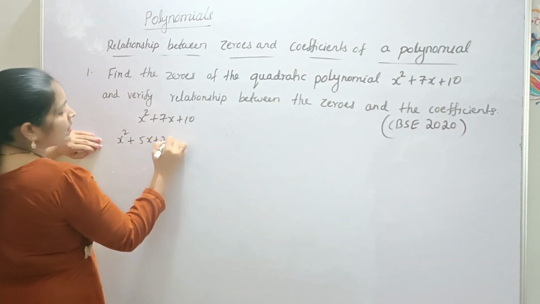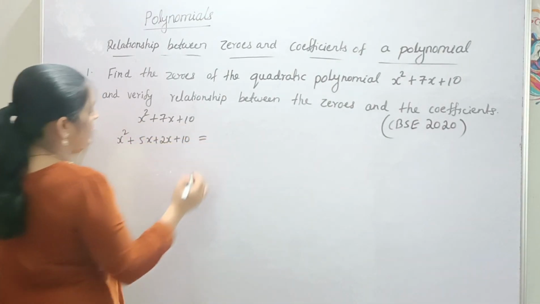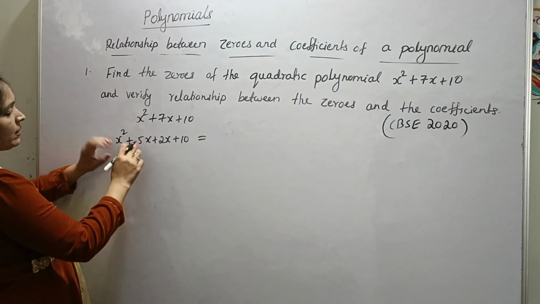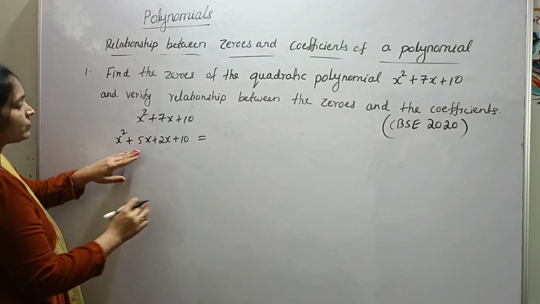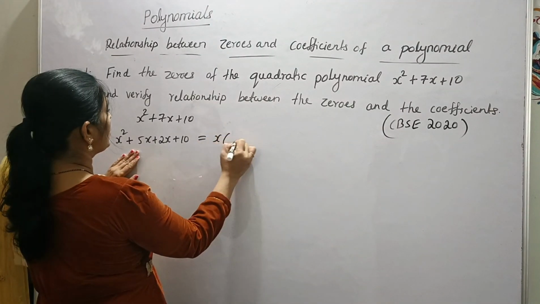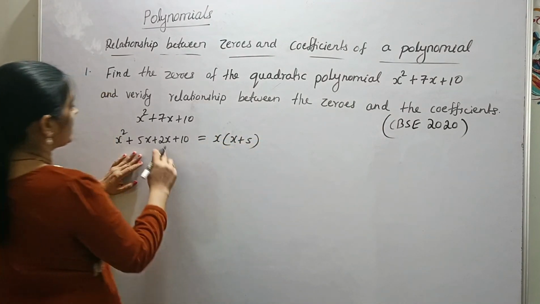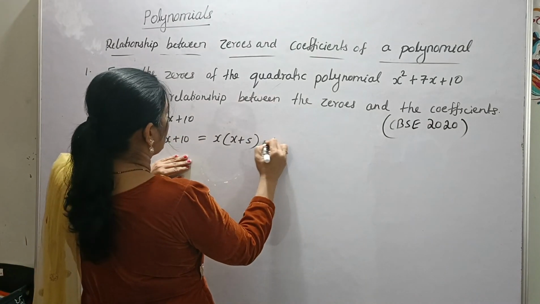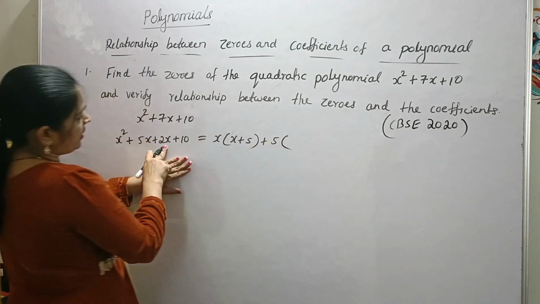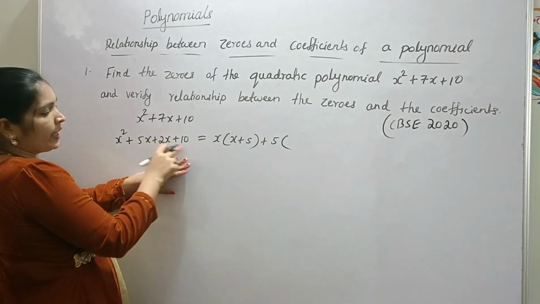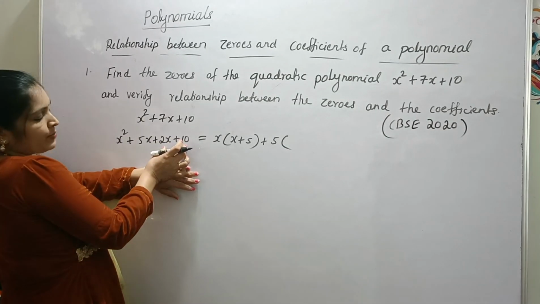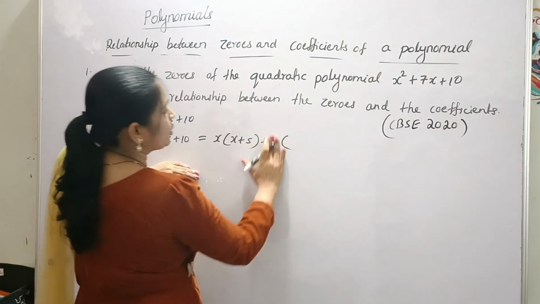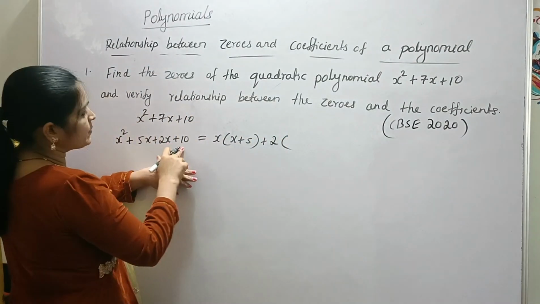5x plus 2x, plus 10. See, x is common, so let's take these two terms together, that is x into x plus 5. Plus, take 5 common in these two terms, so take 5 outside, it will be x plus 5.